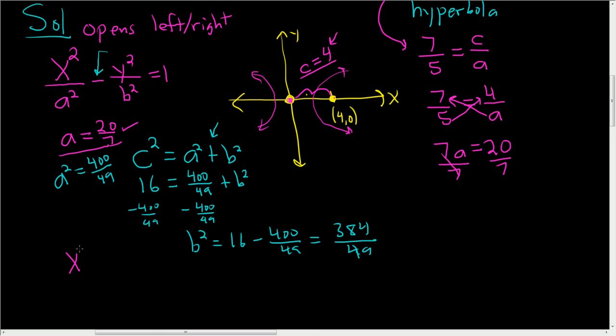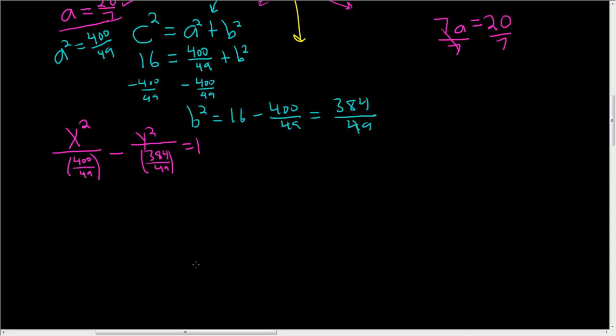So x squared over a squared, so we're dividing by 400 over 49, minus y squared, and this is 384 over 49, and this is equal to 1. And I suppose we could rewrite this to eliminate the complex fraction. So when we divide by 400 over 49, we're really multiplying by the reciprocal.